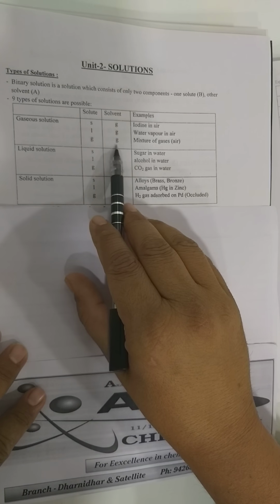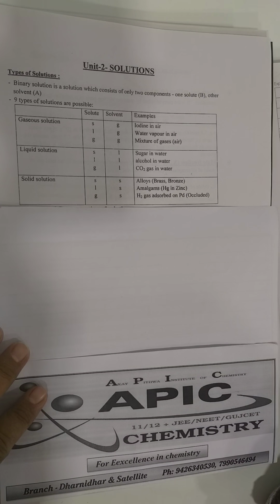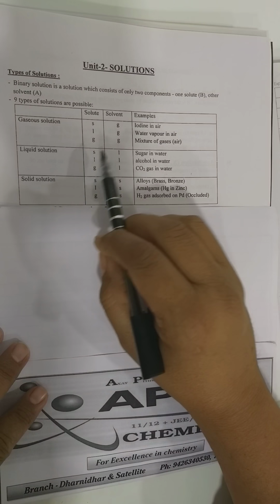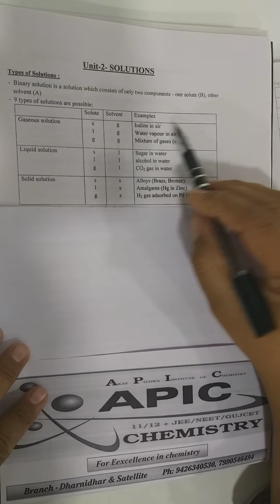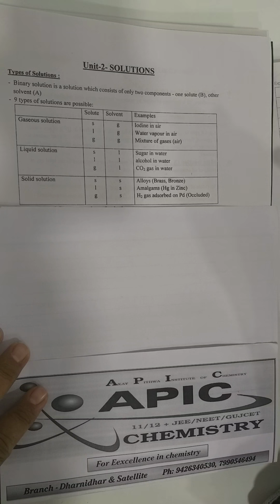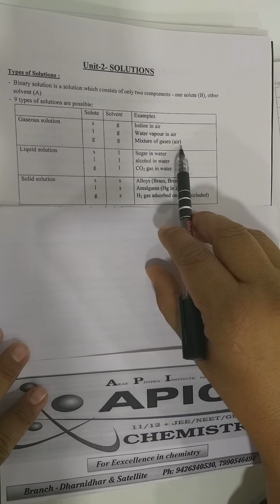Gas dissolved in gas is a mixture of gases. We know that air is a mixture of so many gases: oxygen, nitrogen, CO2, whatever. H2O in air is actually liquid in gas. So CO2, NO2, N2O, all the gases dissolved in gas make a mixture of gases.